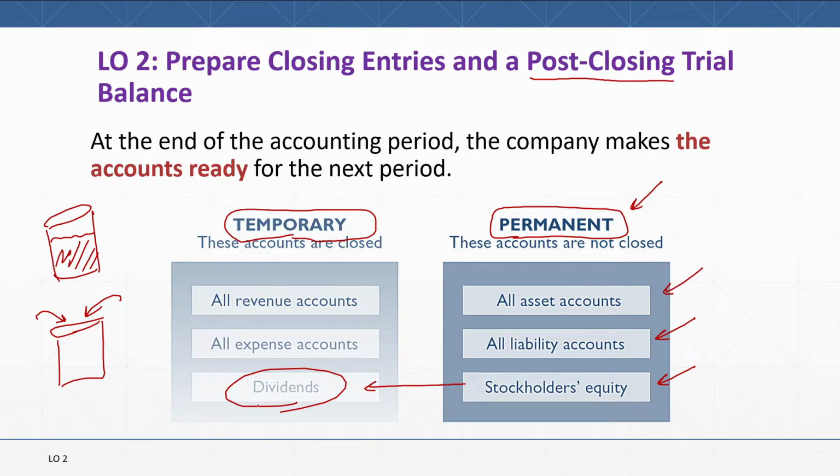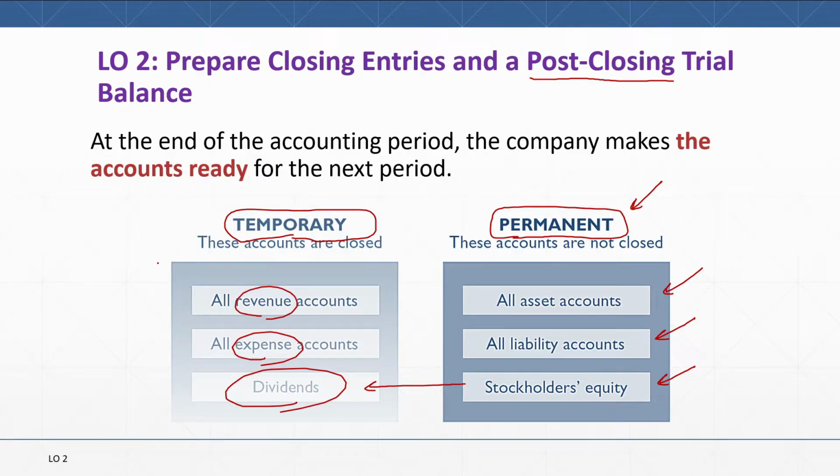We have to empty its balance. Other temporary accounts are all the revenues and all the expenses. So basically, all the income statement accounts plus dividends are temporary accounts. The other accounts are all permanent accounts.